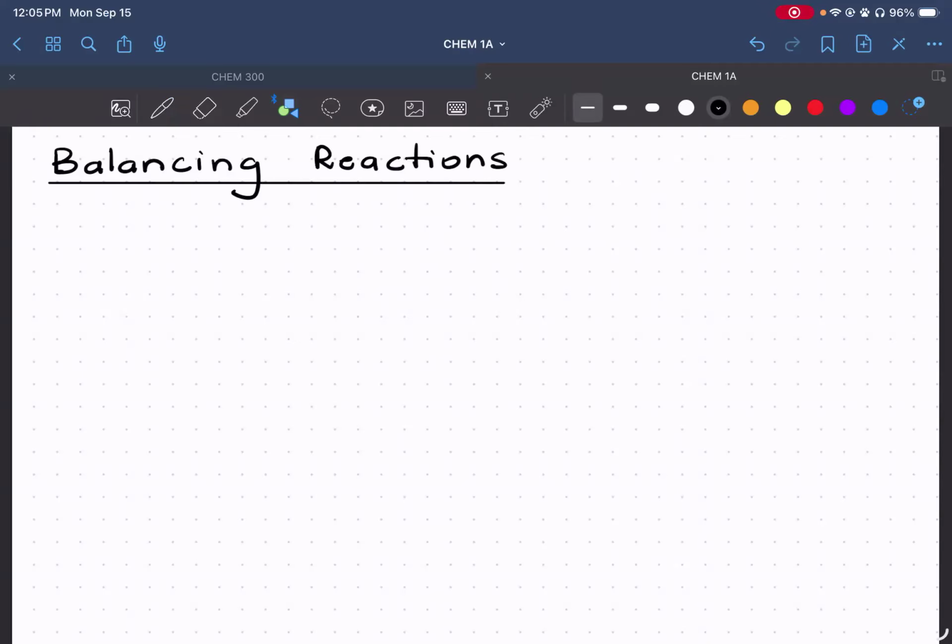If you've ever even made lemonade, you understand the basic idea of a reaction. We're putting things together to make more things. Now, while we'll go into a much more formal definition of what a reaction is and the different types, the first thing we wanted to talk about was something known as balancing chemical reactions. So here is a generic reaction.